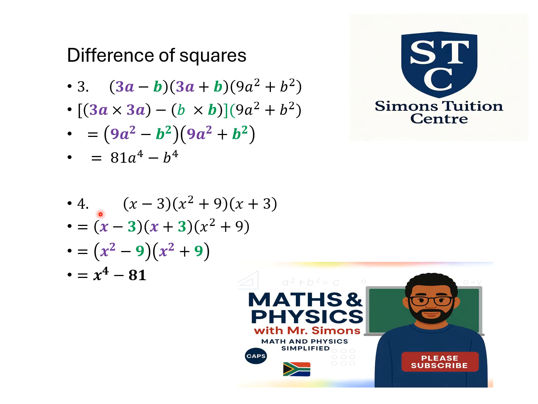Then number 4, see we have x minus 3 times x squared plus 3 and then x plus 3. So if you look carefully, you can see x minus 3 and x plus 3 are basically two brackets that are the same, just with different signs. So I can use these two to create a difference of squares problem. So I'm going to rewrite it, x minus 3, x plus 3, and I leave x squared plus 9 at the end.